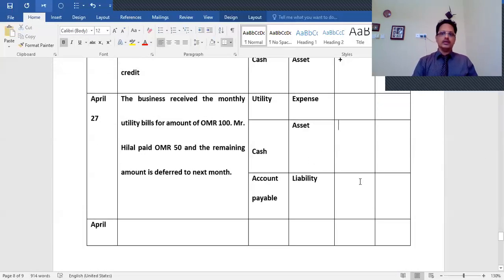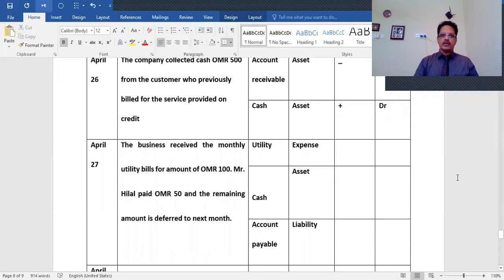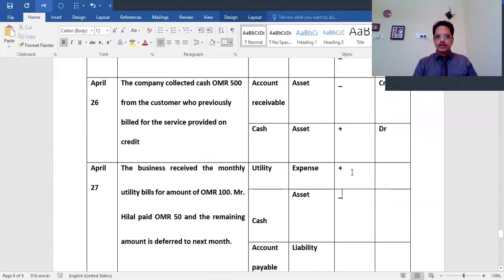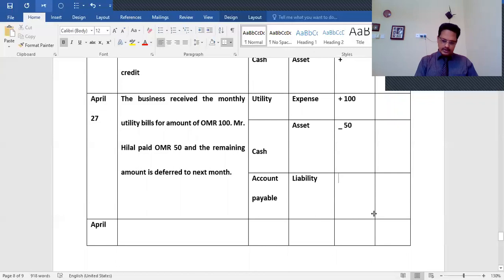Whenever an expense becomes due, recognized, accrued, the expense has increased. Now cash is paid, 50 real, and here you can write the increase, because the amounts are different: 100, and here 50 real. And your liability increased up to 50 because you have to pay this money later.